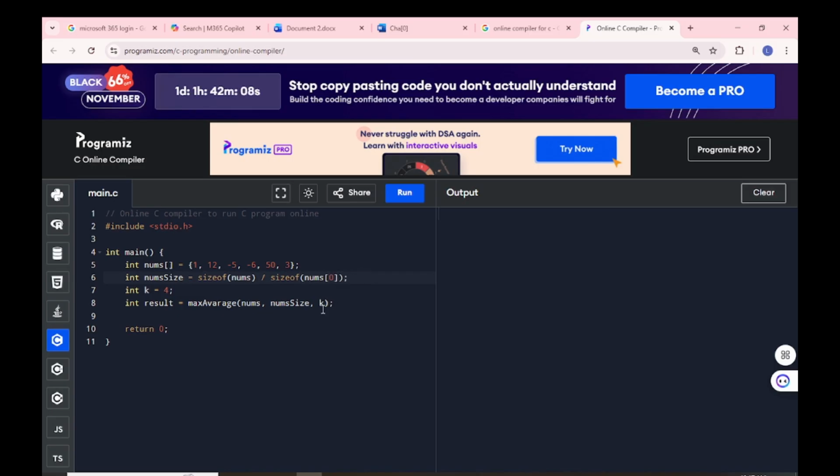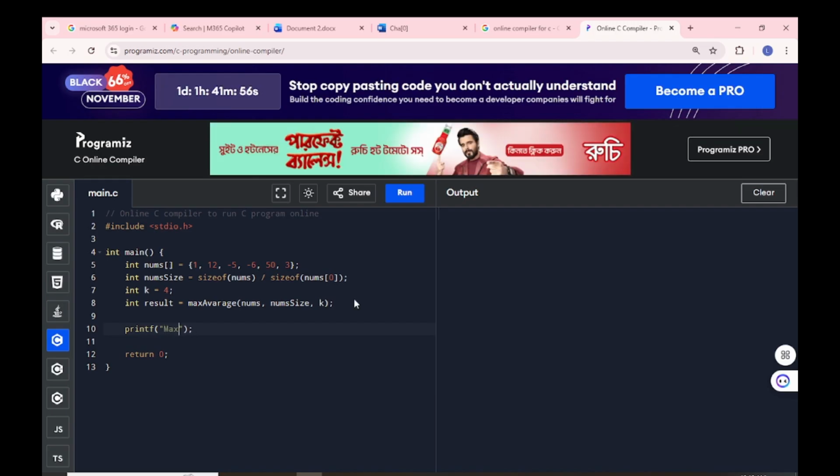So here we will provide this, and printf "maximum average is %f\n" and then now result.